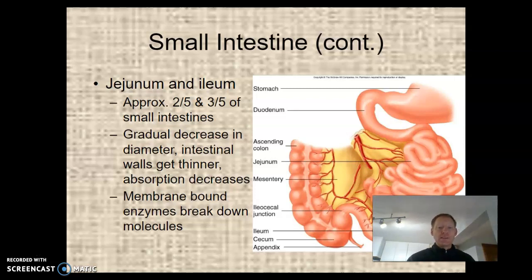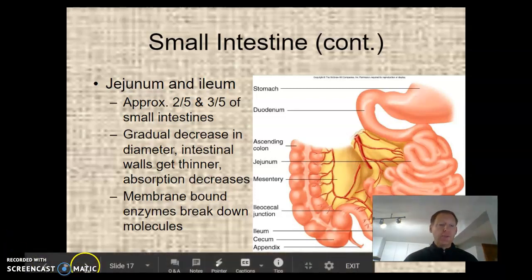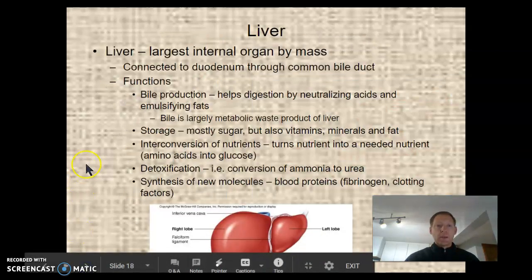We also decrease in diameter, so it gets smaller and smaller, and the walls of the intestines get thinner and thinner. You also have some enzymes inside there that continue the breakdown and digestion of that food, even though the main purpose of the small intestine is absorption.